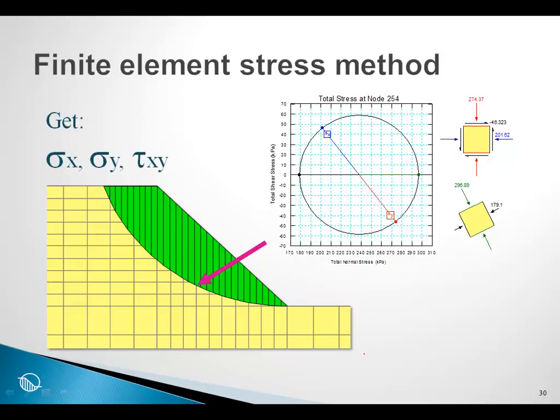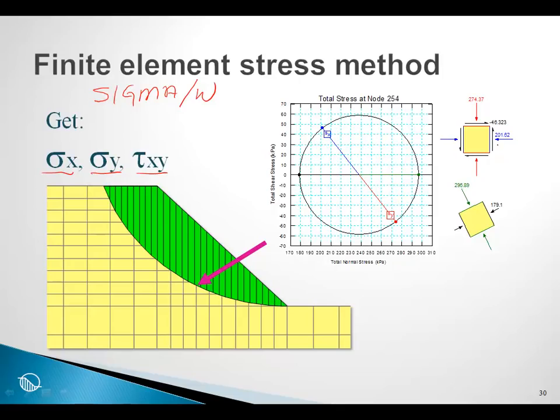In the context of GeoStudio, we can do a SIGMA/W analysis. From a SIGMA/W stress method analysis, we can determine sigma x, sigma y, and tau xy in each element.